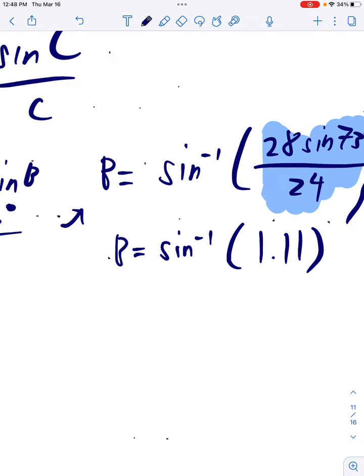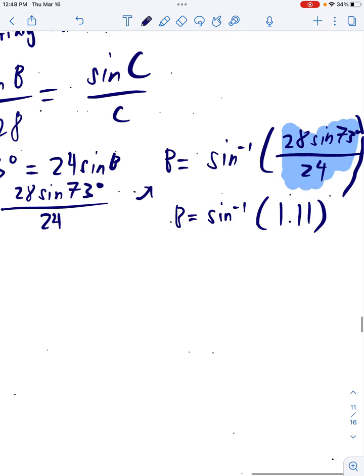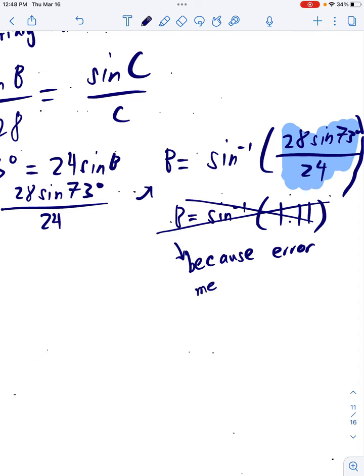You should see an error: domain. The value entered is not allowed in the function or command. We can't put anything greater than 1 or less than -1 in an inverse sine or cosine. So this gives us an error message. Because there's an error message, there are 0 triangles possible.